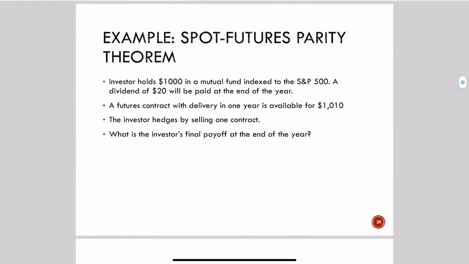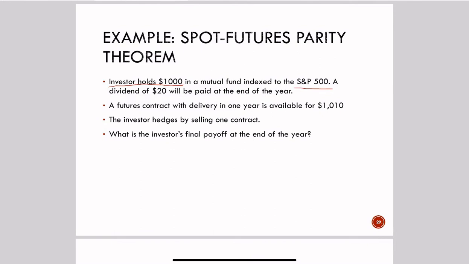Okay, now let's see this example. This is a very simple example, but through it you will understand how we can use this hedging portfolio to find the spot futures parity theorem. Let's say you're an investor and you invest $1,000 in the S&P 500.